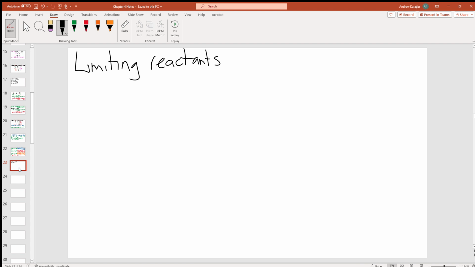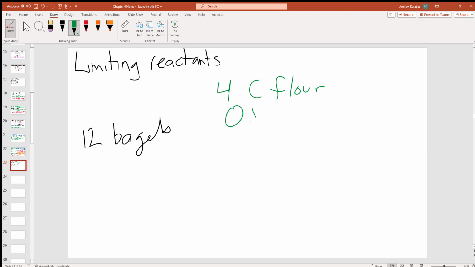So remember our bagel recipe. 12 bagels require, and we said we're just going to ignore the water, 4 cups of flour, half an ounce of yeast, 3 tablespoons of sugar, and 1 tablespoon of salt.